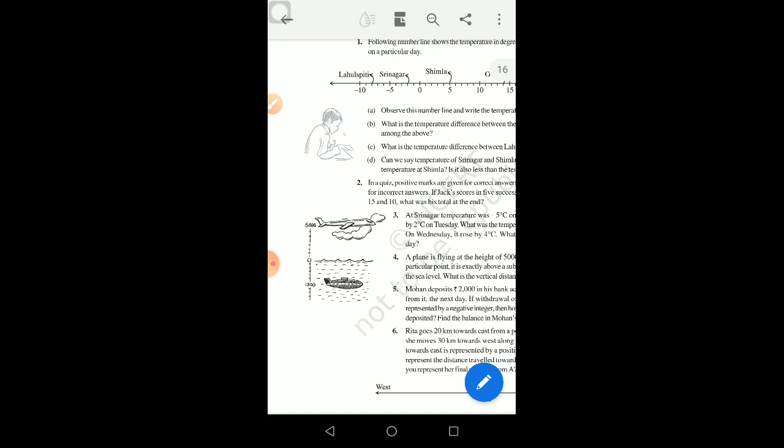A question regarding an aeroplane and a submarine. The sea level we represented by 0, and from the sea level the position of the aeroplane is 5000, and the position of the submarine, downwards from the sea level, is minus 1200.